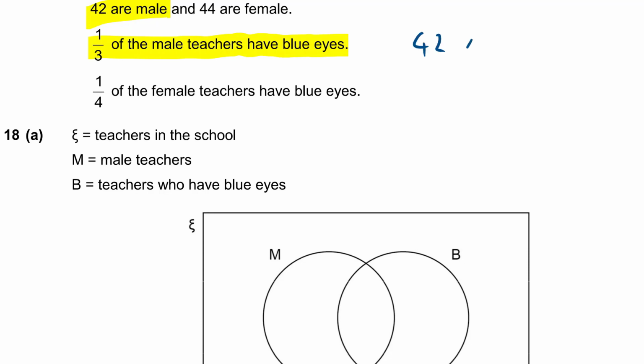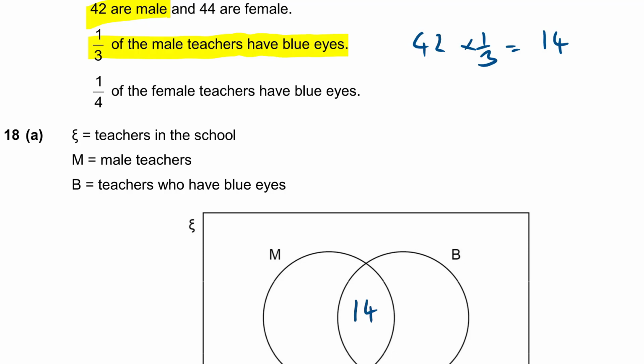So 42 times 1/3, or 42 divided by 3. 3 goes into 42. Is that 14 times? So that means there are going to be 14 male teachers with blue eyes. So that means the intersection between M and B is going to be 14.